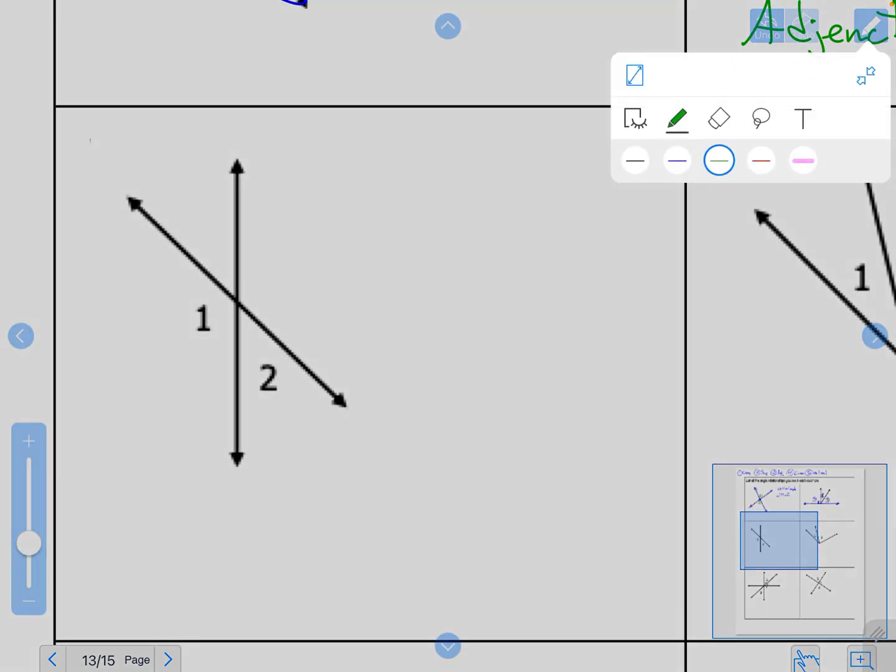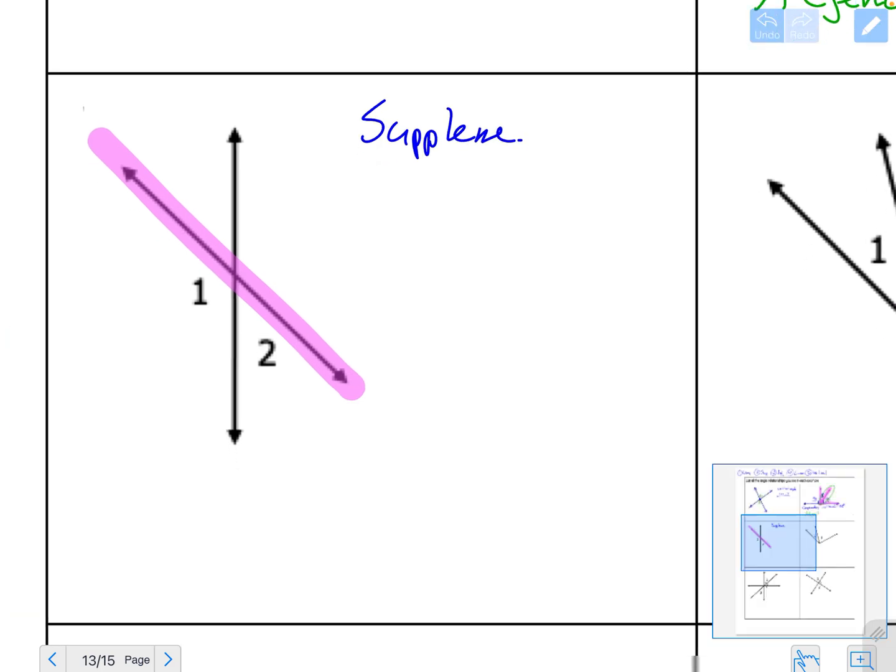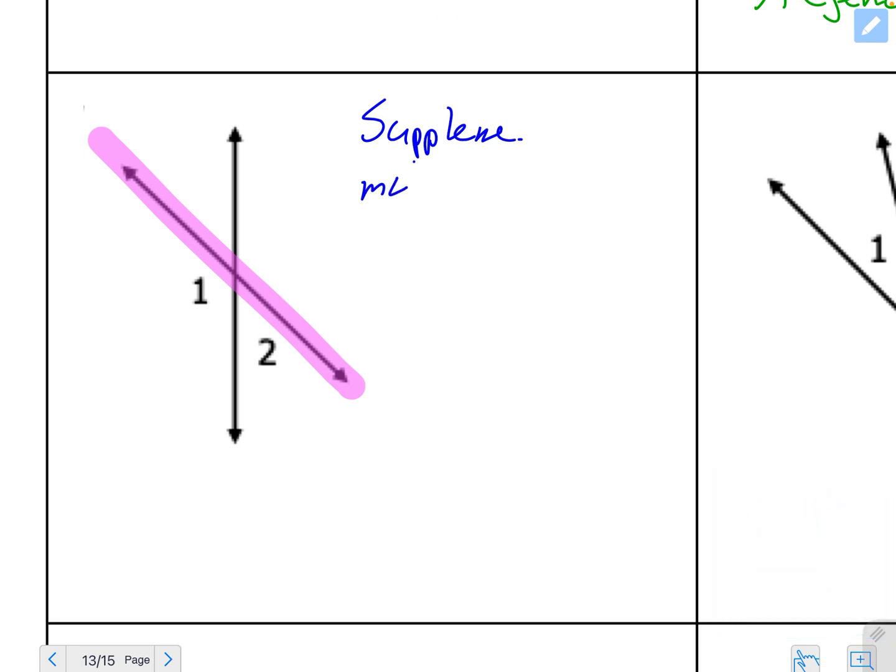All right, so in this example here, we have a straight line, which means that angle 1 and 2 are going to be supplementary. I'm going to start abbreviating because I'm going to spend too much time writing and make the video too long. So we know the measure of angle 1 plus the measure of angle 2 equals 180 degrees.